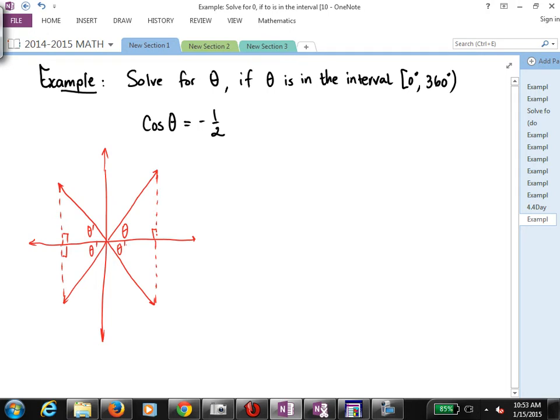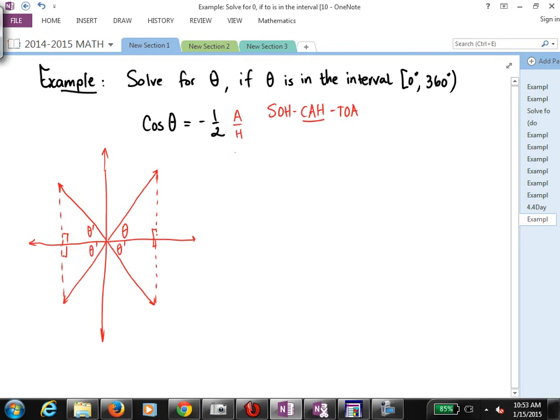So those are the right triangles, because remember, you always want to go from the terminal side to the horizontal axis. Cosine, according to SOHCAHTOA, is what? Adjacent over hypotenuse. So now I label the adjacent 1, hypotenuse 2.